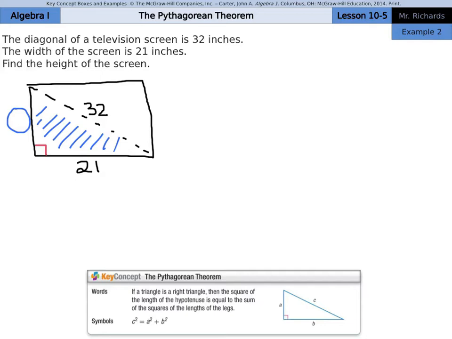If I go ahead and label my legs A, B, and my hypotenuse is C, I can use the Pythagorean theorem to find the height of this television. So A squared plus B squared equals C squared. We do not know the A, so that's going to just stay A squared.